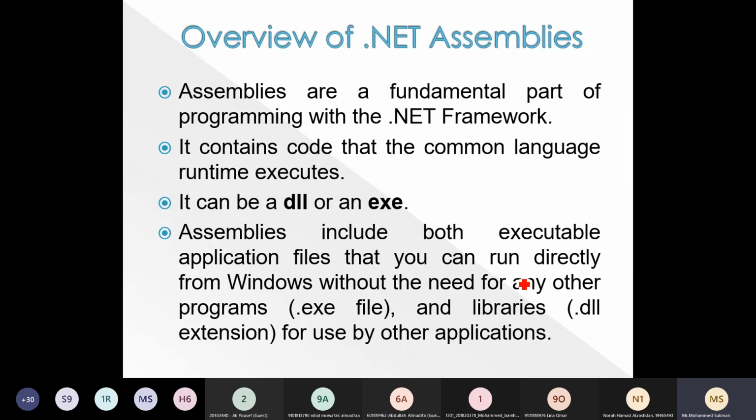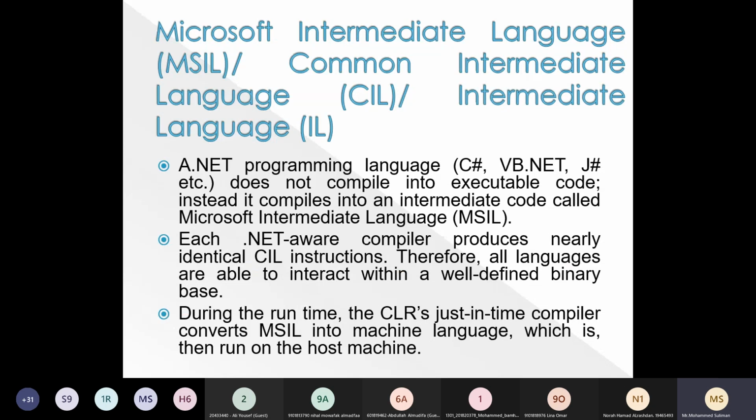Assemblies include executable application files that can directly run from Windows without need for any other program. Assemblies are nothing but the executable programs of the .NET that can be run without need for any other program. Okay, so we can use assemblies in our programs, in applications in the .NET framework.